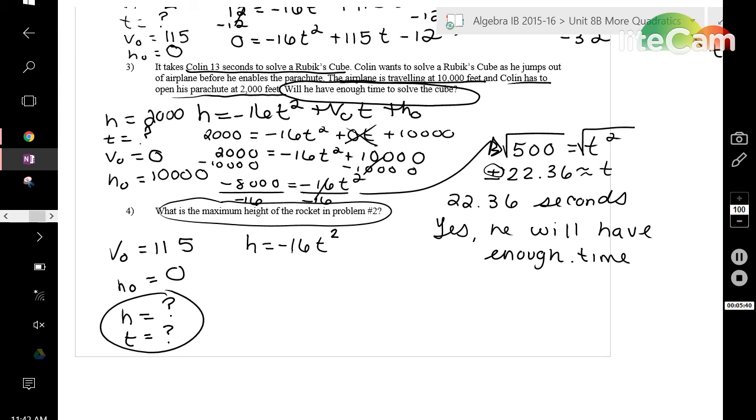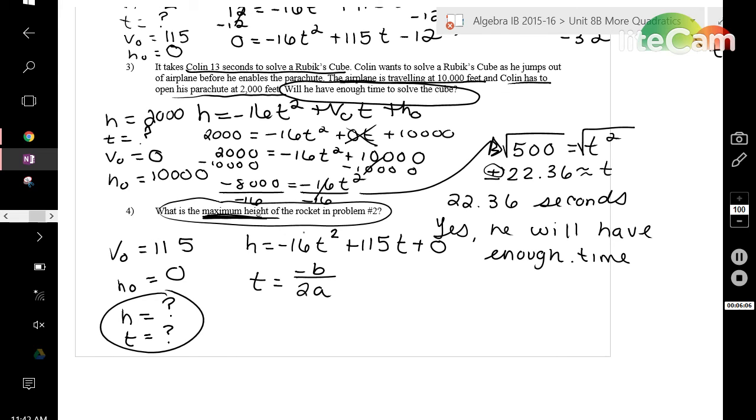So I'd have negative 16t squared plus 115t plus 0. You really don't need to have 0 at the end if you don't want to. When it says maximum height, that tells you it's a separate type of problem. And in order to find the time at the maximum height, we use the formula of the opposite of b over 2a.